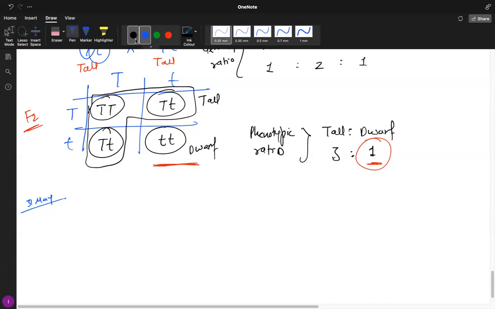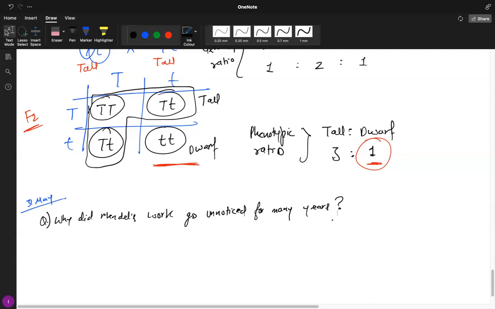You can write this question down: Why did Mendel's work go unnoticed for many years, for decades actually?